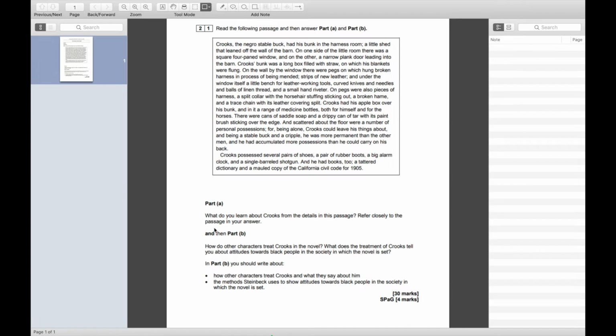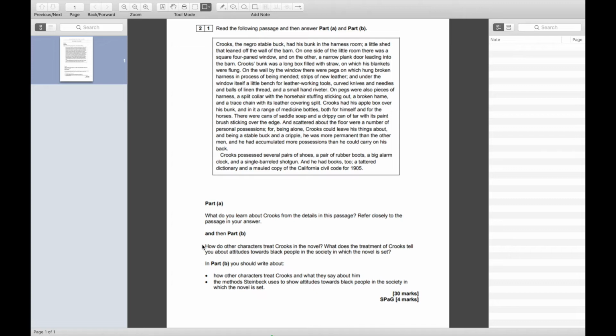We're going to move on to this question. Now, part A says, what do you learn about Crooks from the details in this passage? Refer closely to the passage in your answer. And then part B, how do other characters treat Crooks in the novel? What does the treatment of Crooks tell you about the attitudes towards black people in the society in which the novel is set?